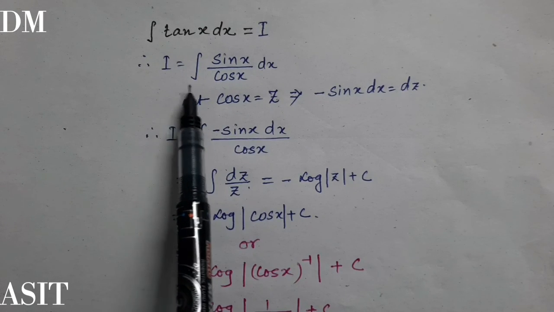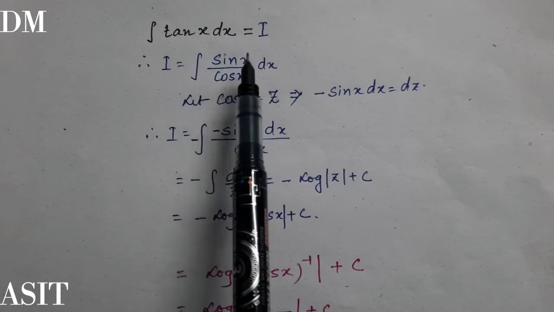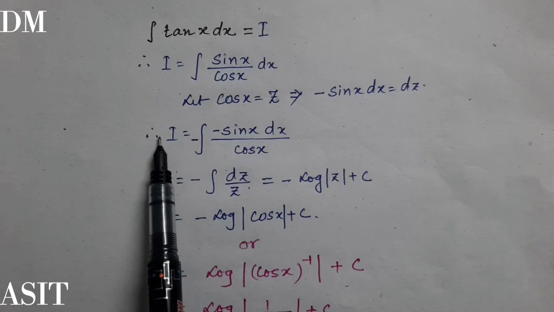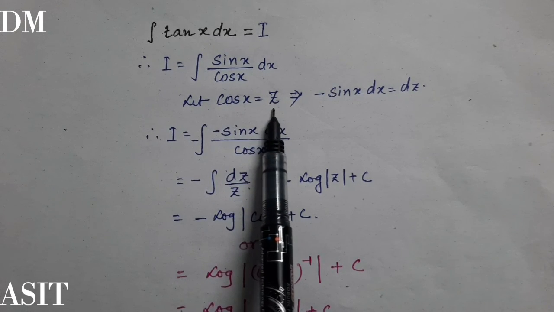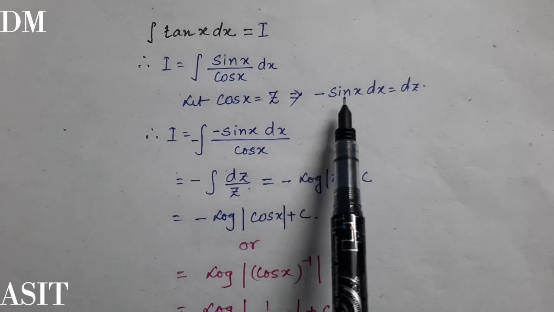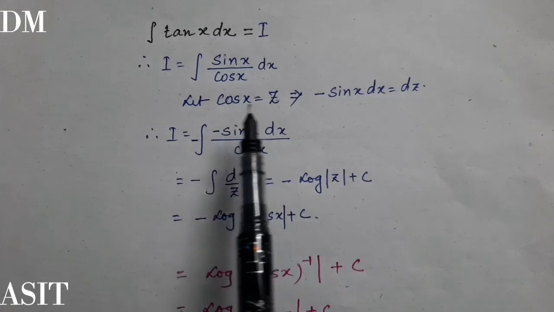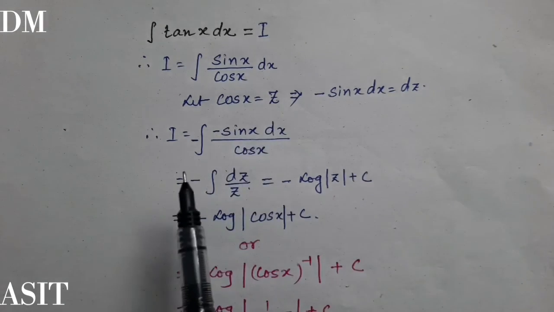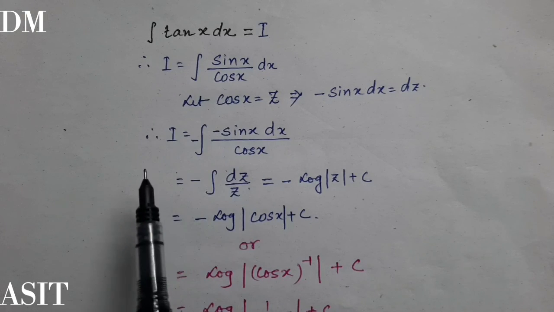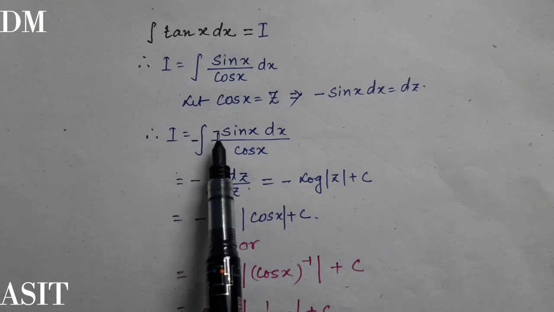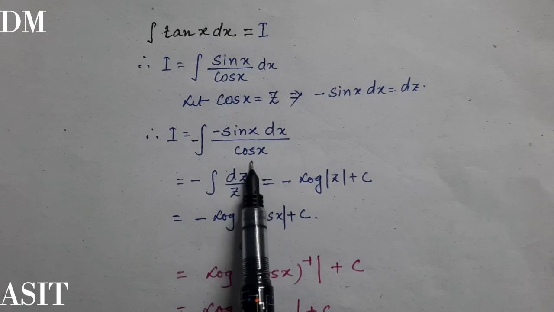Now this integral can be written as integration of sin x by cos x dx. Now we can assume that cos x equals z. So from this we can write minus sin x dx equals dz if we differentiate both the sides. Therefore I can be written as minus of minus sin x dx by cos x.